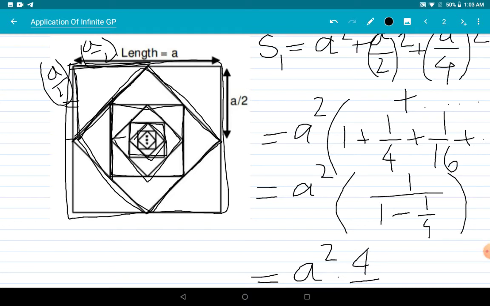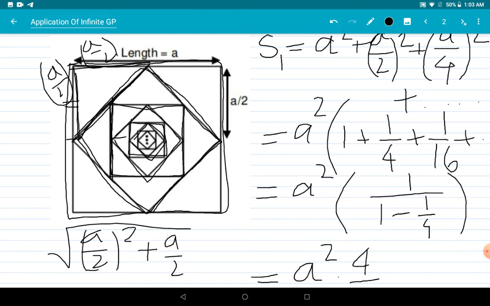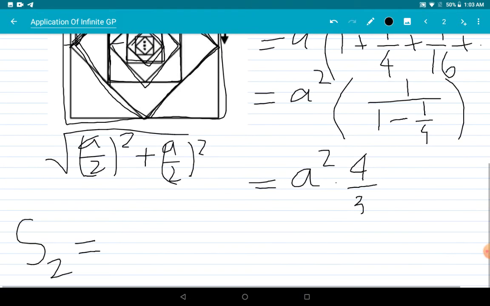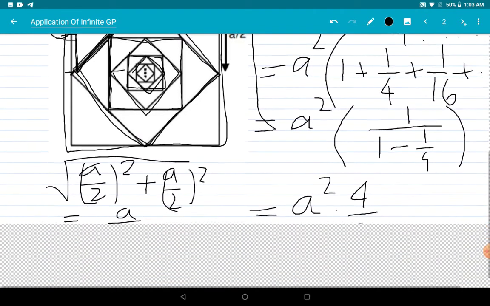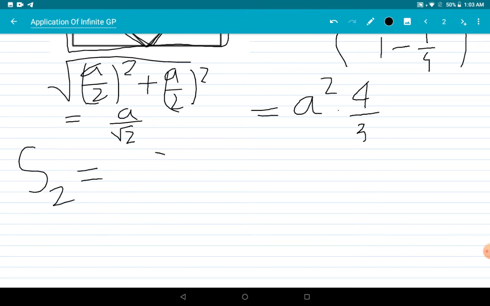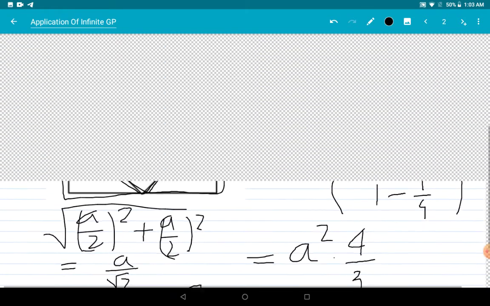According to the Pythagoras theorem, this side will be the square root of (a by 2) the whole square plus (a by 2) the whole square, which is equal to a by root 2, right? So if the length of this side is a by root 2, the area will be (a by root 2) the whole squared, plus this.